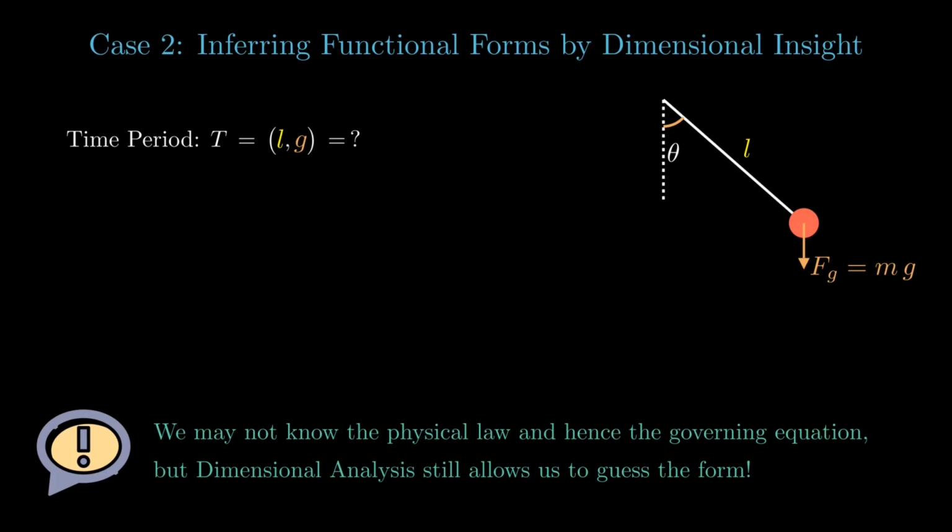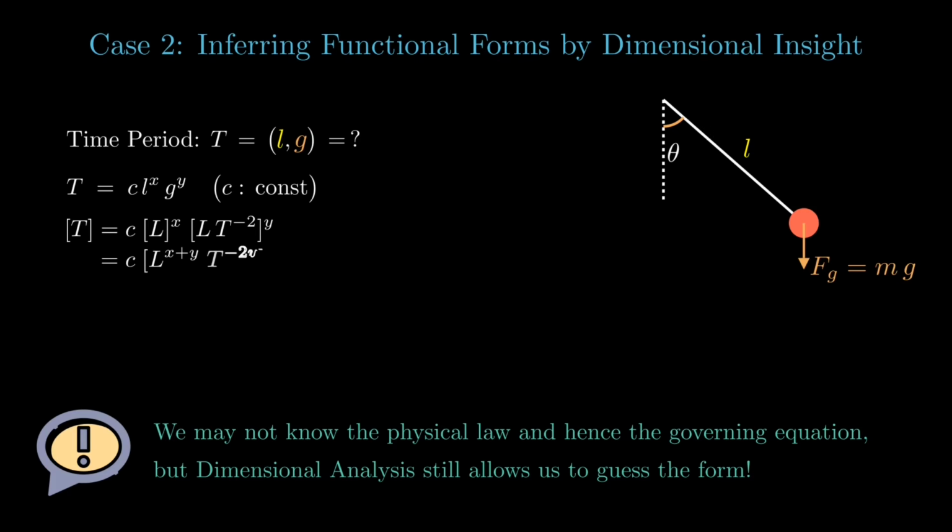Let's start with writing the dimensional ansatz for T, as in a hypothesis that T equals c times L to the power x times g to the power y, where c is some unknown constant. Substitute dimensional formulae for T, which is time, L, which is length, and g, which is acceleration, and thus given as L T to the power minus 2.